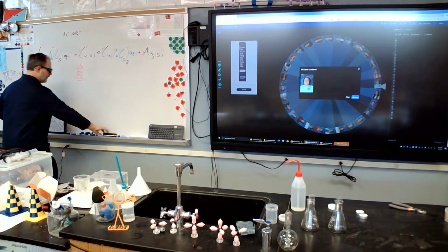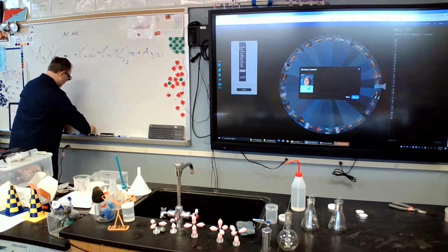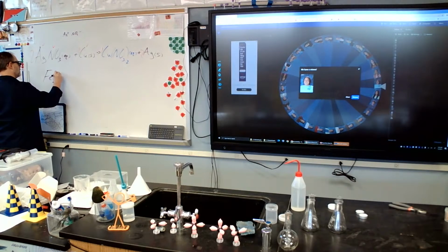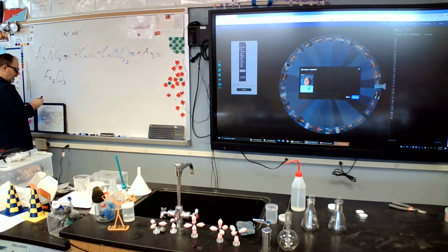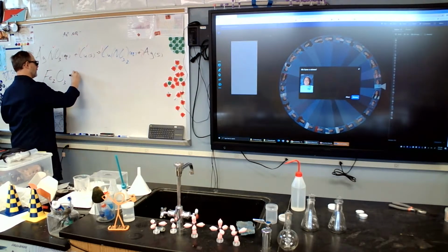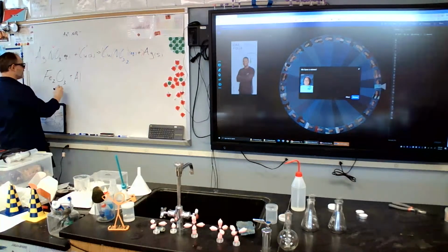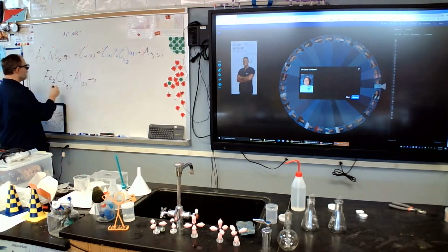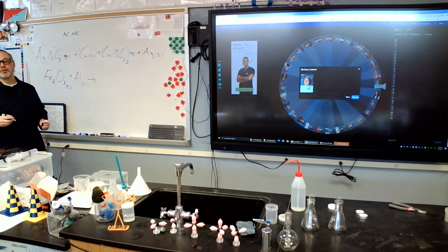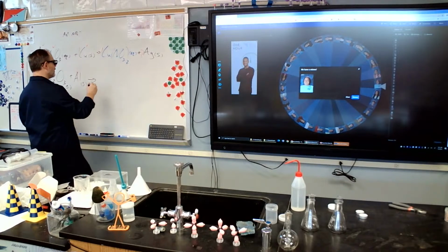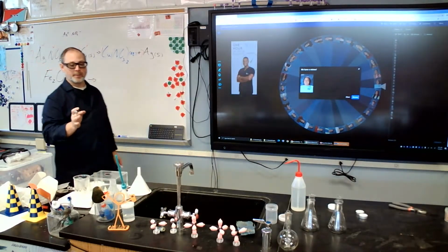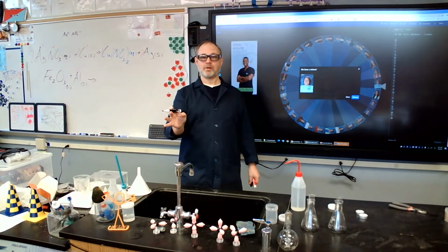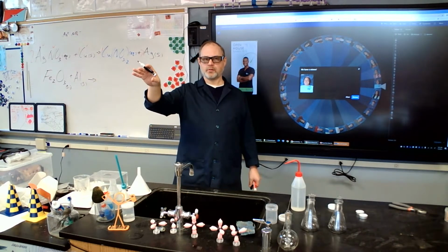And what thermite was, was a compound of iron 2 oxide and aluminum powder. These are all solids. They add the iron 2 oxide and aluminum powder, then they get it really, really hot. And what would happen is the aluminum, being more active than the iron, would kick out the iron.